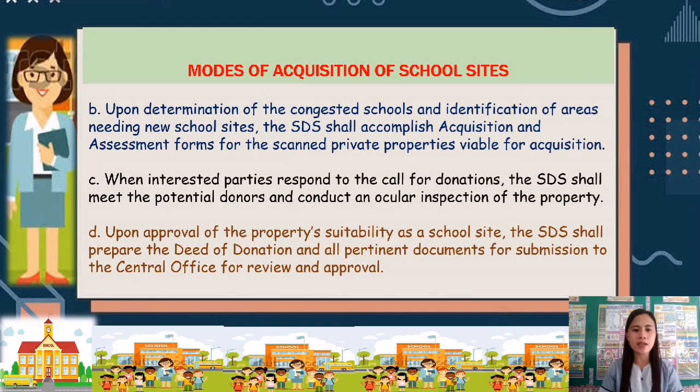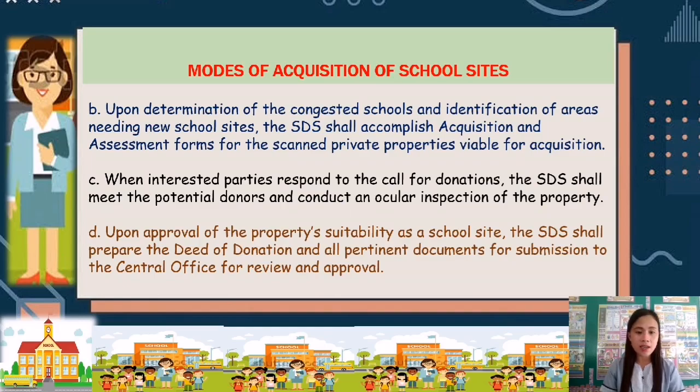Letter B. Upon determination of the congested schools and identification of areas needing new school sites, the SDS shall accomplish the acquisition and assessment forms for the scanned private properties viable for acquisition. The SDS also posts calls for donations in the areas where new school sites are needed. The SDS shall submit the forms to the regional office for review and approval.